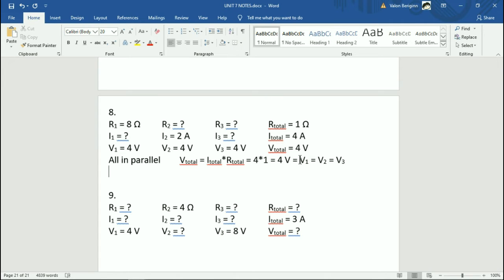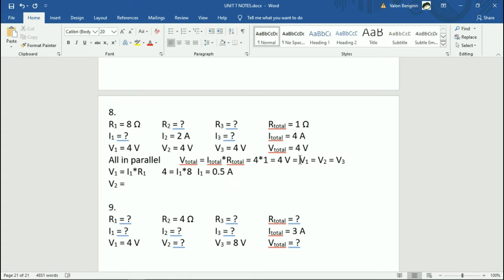Okay. And now we can solve for, well, a couple other things. So, let's do I1. So V1 equals I1 times R1. Let's see, V1 we have 4 equals I1 times 8. So I1 is equal to 0.5 amps. Let's see.